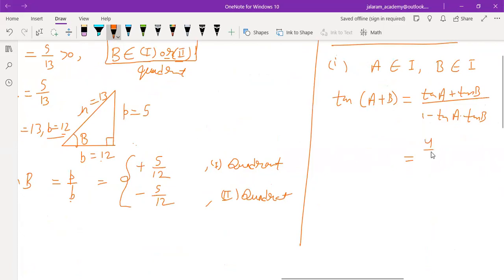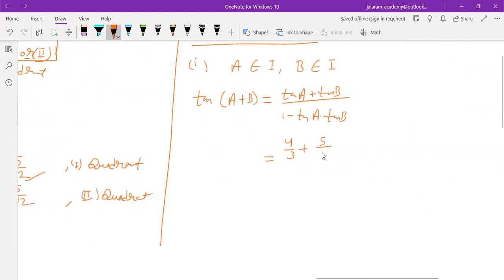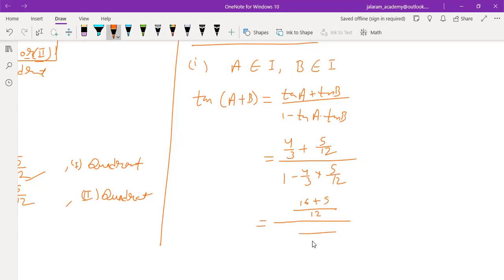Plus tan B, when it lies in the first quadrant, is 5 by 12, over 1 minus 4 by 3 into 5 by 12. I think there is no doubt in understanding this. So 4 fours are 16 plus 5, and in the denominator the LCM is 36. 12 threes are 36, so it is 36 minus 4 fives are 20.